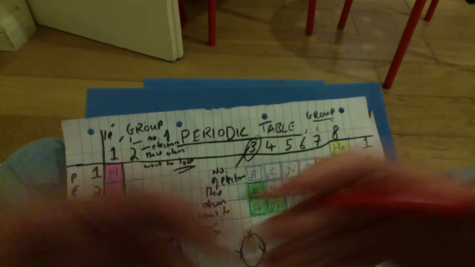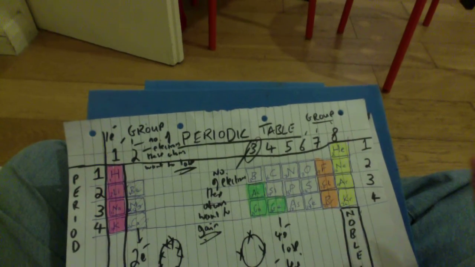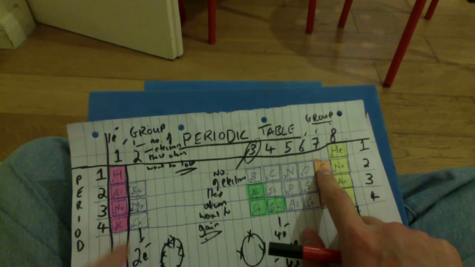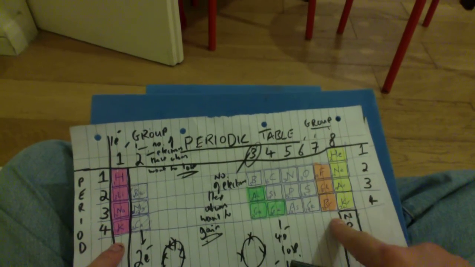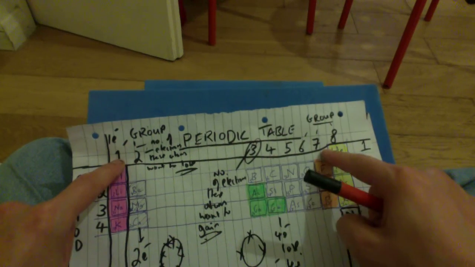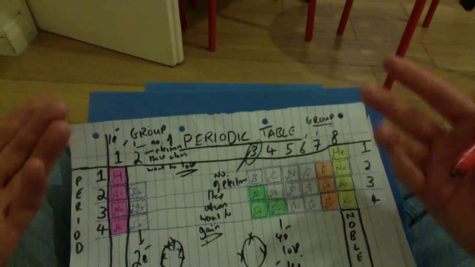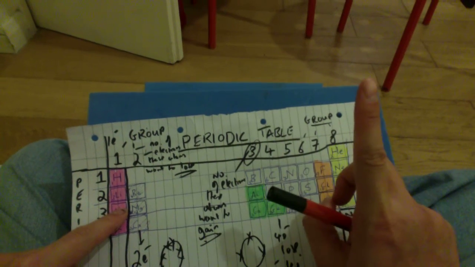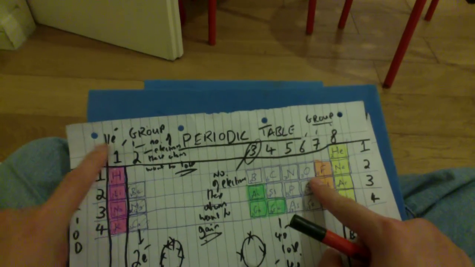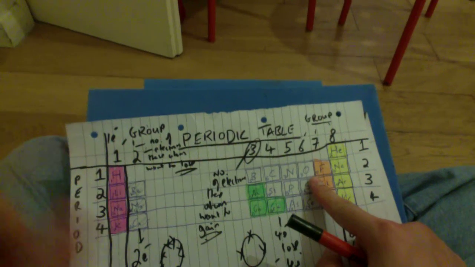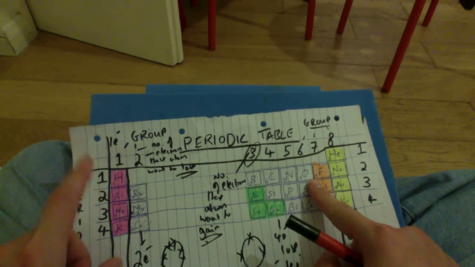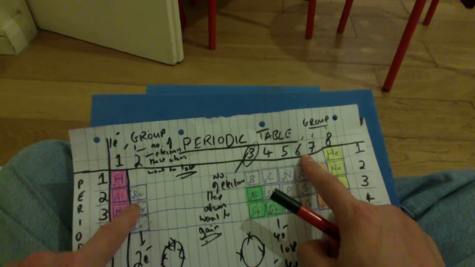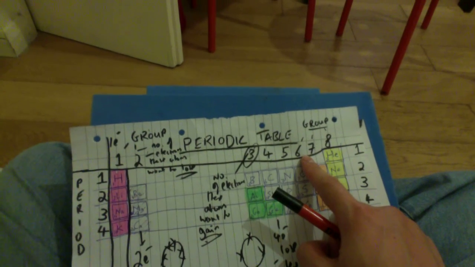So you've got to look at this in terms of energy as well. It's a lot easier for the atoms in this column and in this column to become happier, because these guys only need to gain 1 electron to get to 8, and these guys only need to lose 1 to get to 8. If you go a little bit closer in, it gets a bit more difficult. It requires more energy.